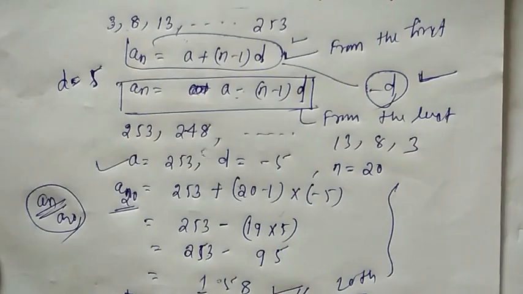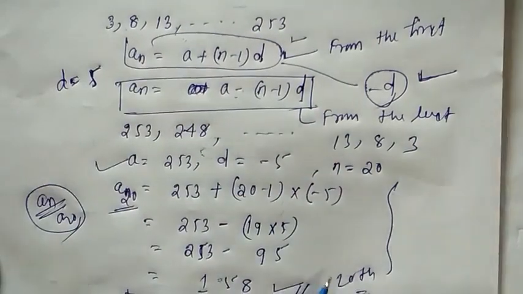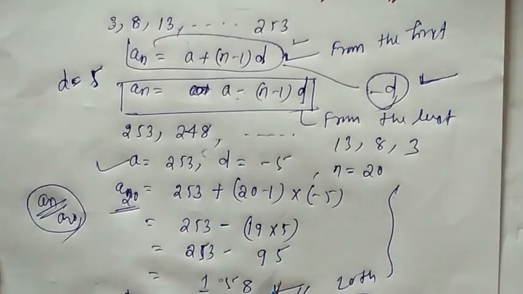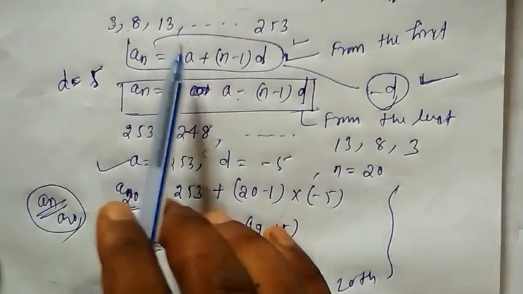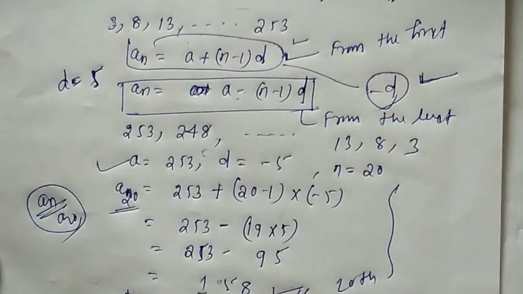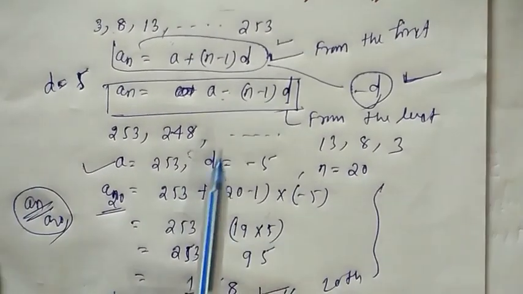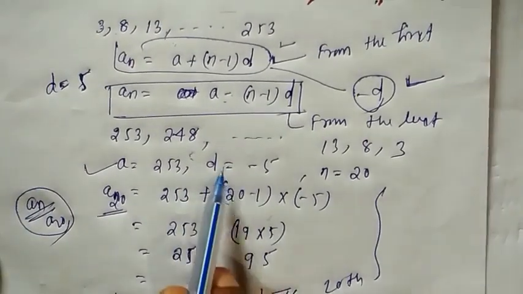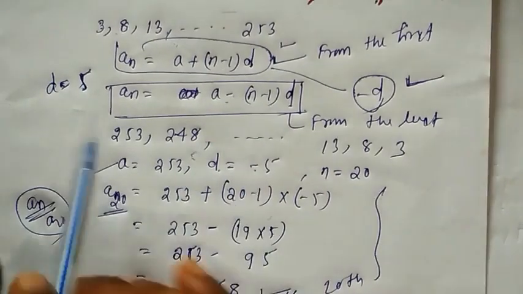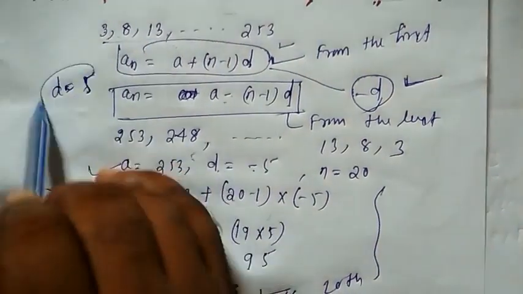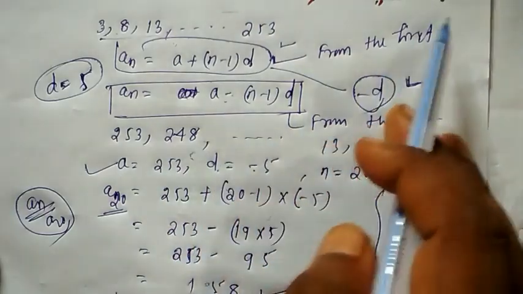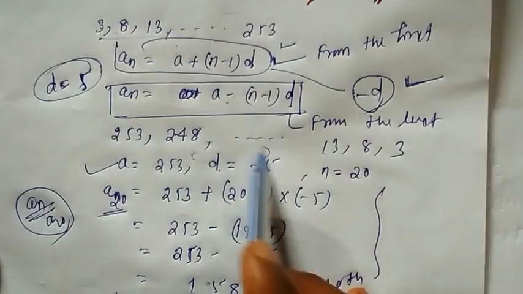Is it clear? From the last, the common difference will always be negative. Here the common difference from the first is positive, and that's why when you are moving from the last, the common difference is coming negative.